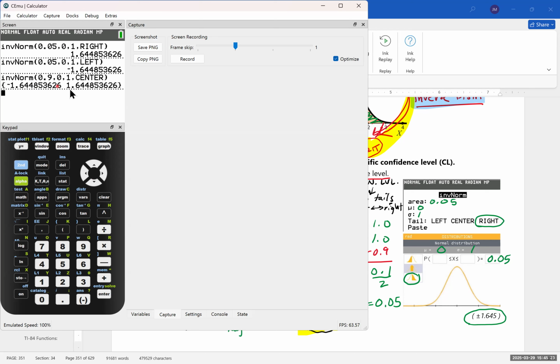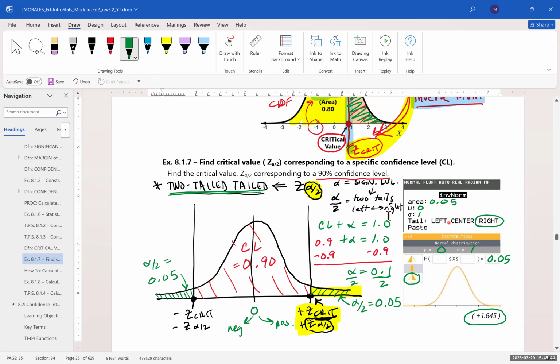And you see, because I'm using an area of 0.9, which is the area in the middle, it's giving me the negative z-score and the positive z-score, both at the same time. So if you know what you're doing, you can get the same value using left, center, or right.